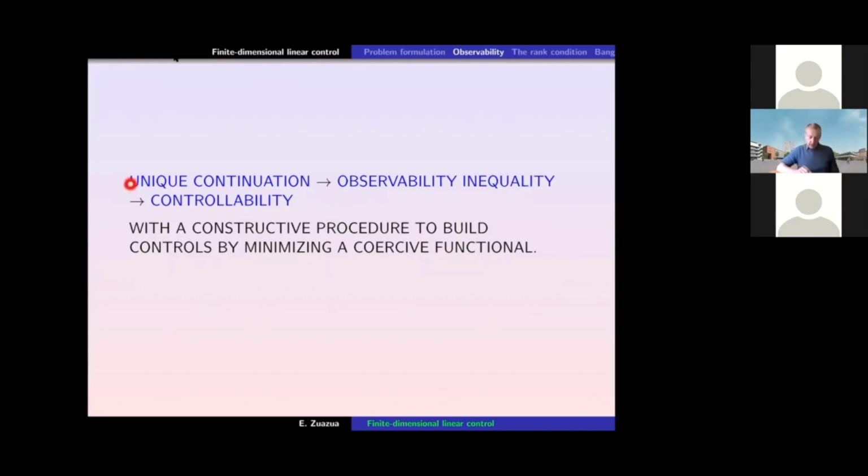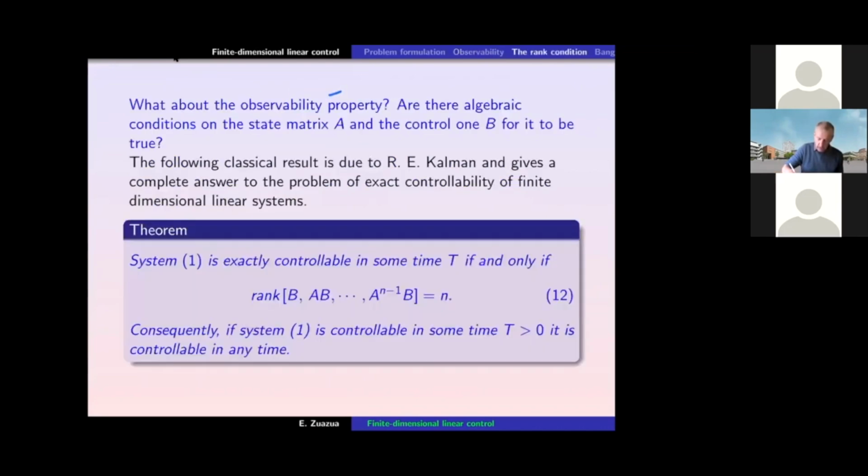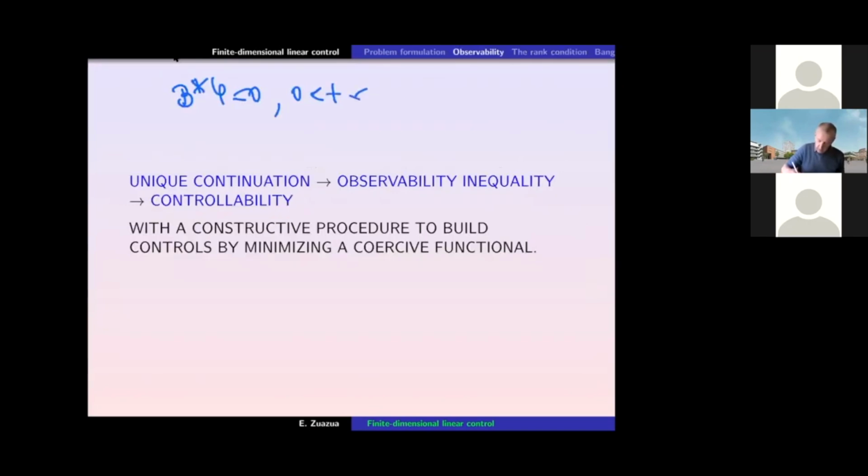So you see that out of the unique continuation for the adjoint system, simply because of the fact that B star phi being 0 during 0 to capital T implies that phi is equal to 0, we have the unique continuation. This guarantees the observability inequality. This guarantees that the functional J has a minimum, and this guarantees the controllability.